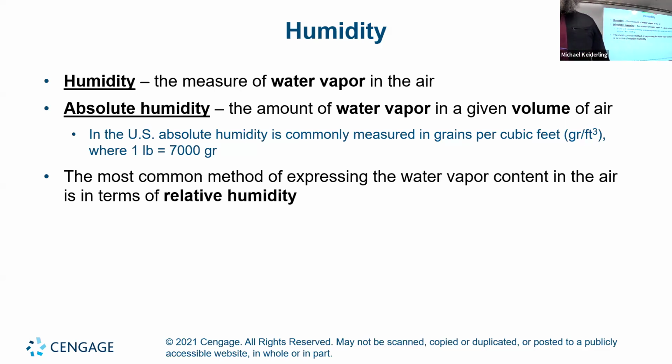And that means air with the same amount of water in it will change its relative humidity if you change the amount of water it can hold, generally by changing the temperature. So if you take a lump of air, seal it in a box so no water can escape or enter, and if you lower the temperature, its relative humidity will increase because the amount of water the air can hold will decrease.